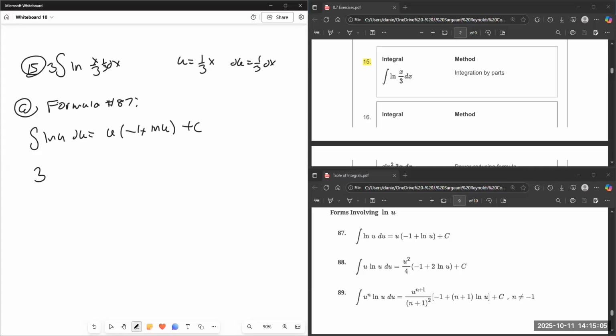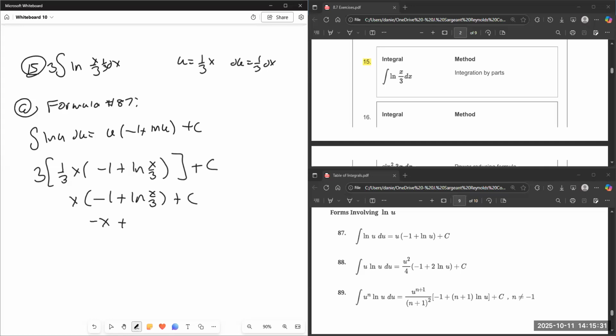So this is going to be 3 times u, which is 1/3 x, times negative 1 plus ln of x over 3, and then plus c. That is going to be x times negative 1 plus ln of x over 3 plus c, which will be a negative x plus x ln x over 3 plus c, or an x ln of x over 3 minus x plus c, one of those things there.